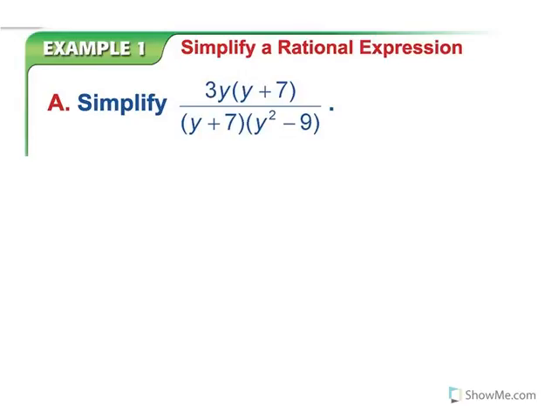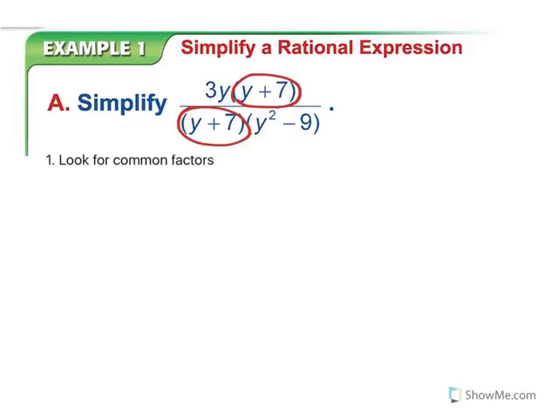Example 1. We're going to simplify 3y times the quantity y plus 7 divided by y plus 7 times y squared minus 9. So your first step is to look for common factors. It looks like in our problem, on top we have a y plus 7, and also in the denominator we have a y plus 7 as well.